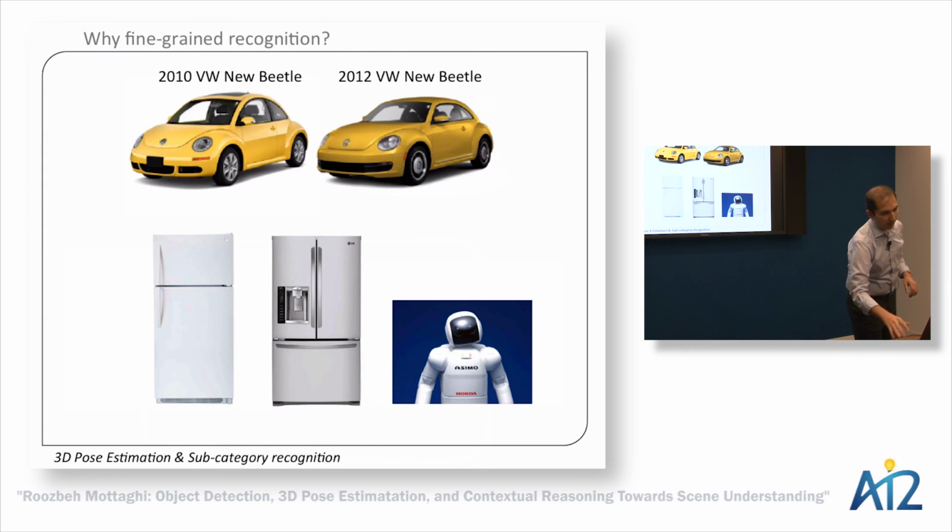Or why do we need fine-grained recognition? This is an example found by my colleagues. There are two different types of cars: one is a 2010 and the other is a 2012 model of that car. The only difference is the front bumper. So that really needs an expert to tell us the difference.